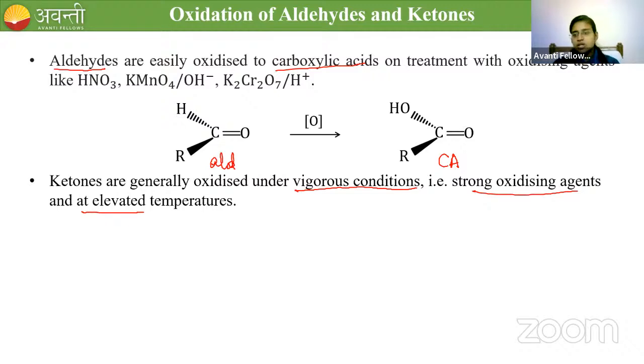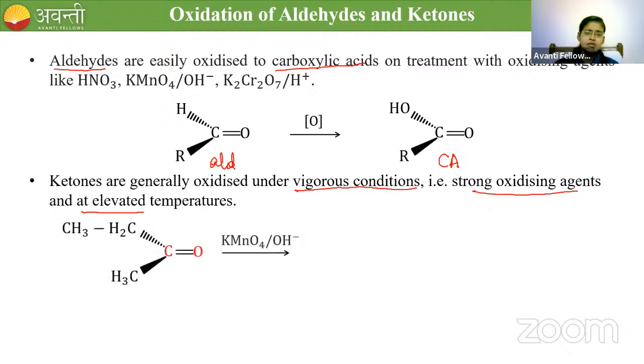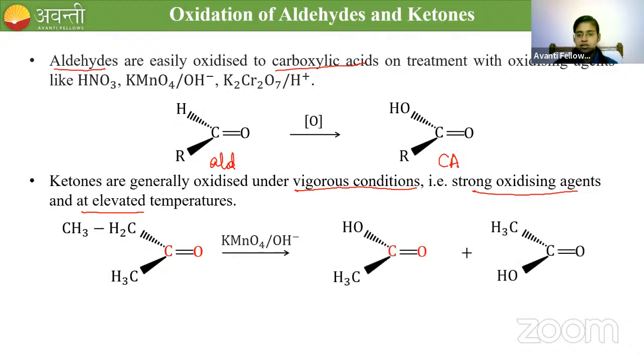I will give you one example. This is an example for one ketone. The ketone is treated with KMnO4 and OH minus. Now what will happen? Two compounds will form, two carboxylic acids.